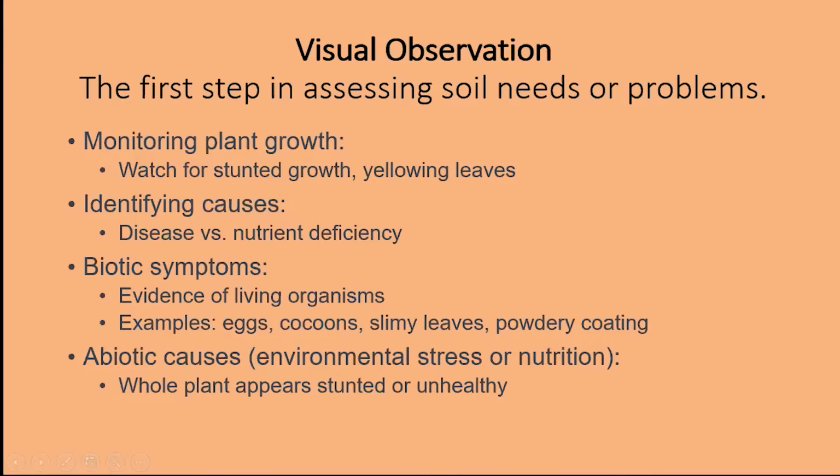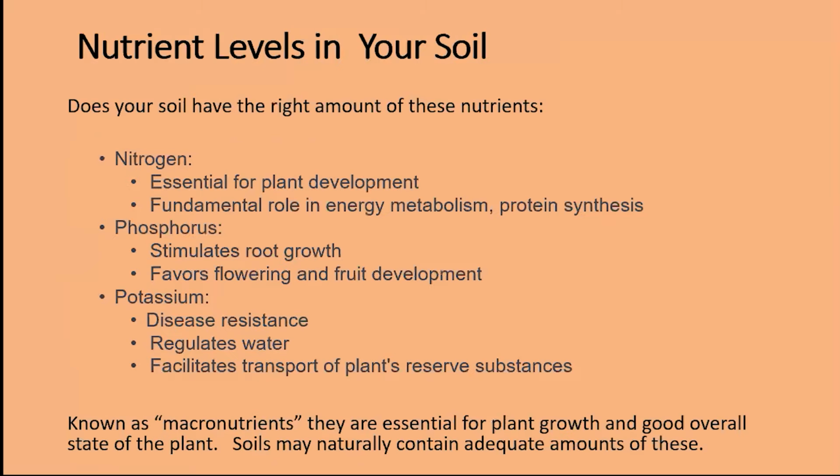Generally, these are seen in locations around on the plant, but generally not covering the entire plant. However, if you see a plant where the whole plant appears stunted or unhealthy, that could be caused by an abiotic, or not living, factor. That would be an environmental stress, or in this case, nutrition. So that's how we're going to start, by determining if it's a biotic symptom or abiotic.